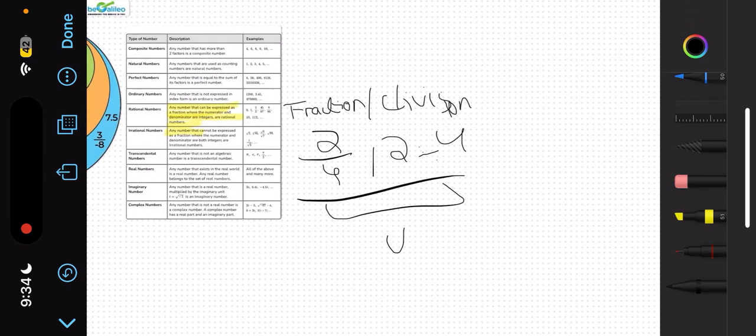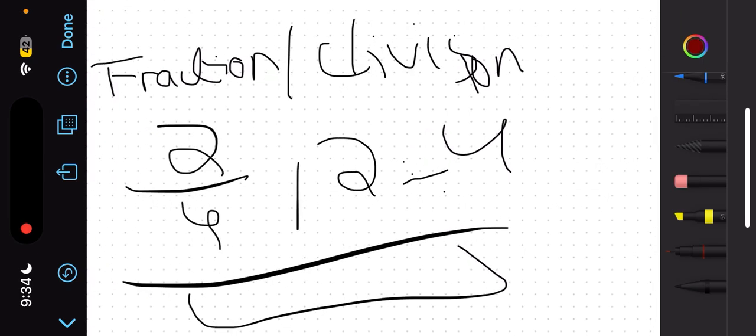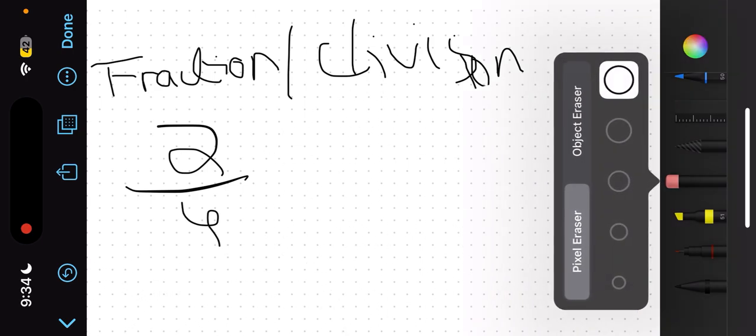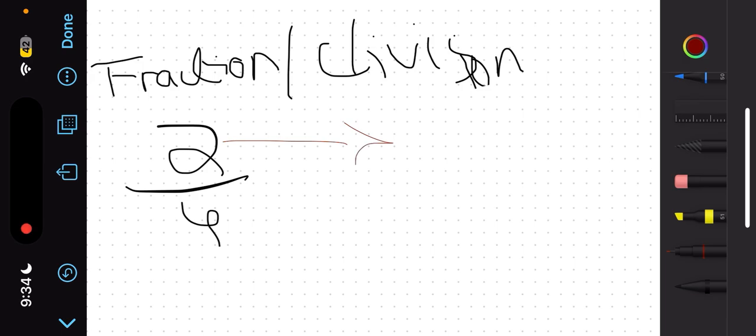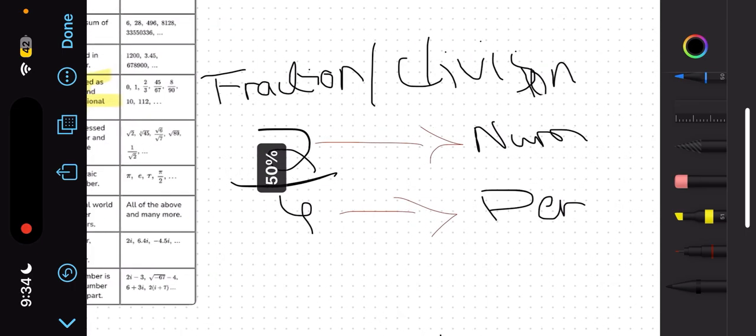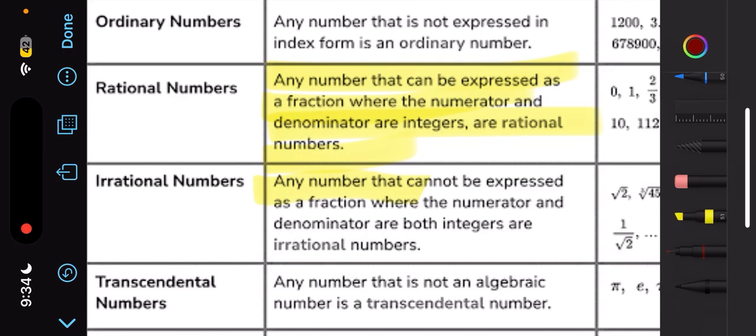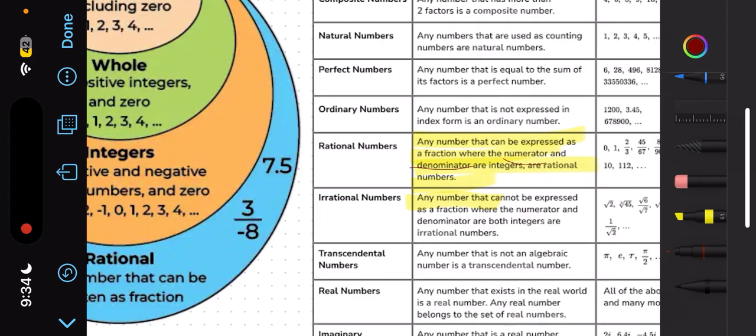Okay, and here the upper value is called the numerator, and the downwards value is called the denominator. Okay, you can see denominator and numerator. Now we have cleared what is a fraction, what is a denominator and a numerator.